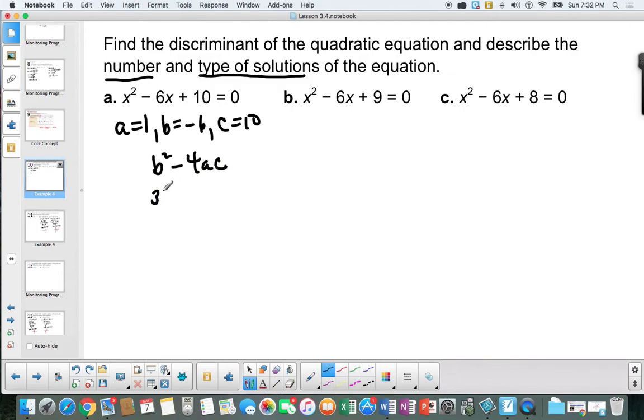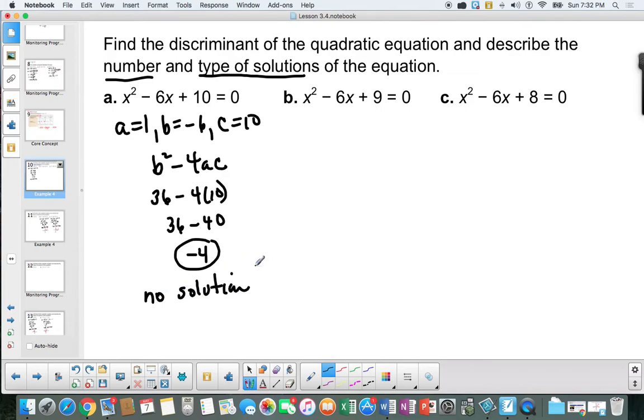And so this is going to be 36 minus 4, and A and C is 10. So this is going to be 36 minus 40, which is going to be -4. Being -4 means that I have no solutions. It's one of those situations in which the parabola doesn't hit the x-axis. Stop the screencast and see if you can do B and C.